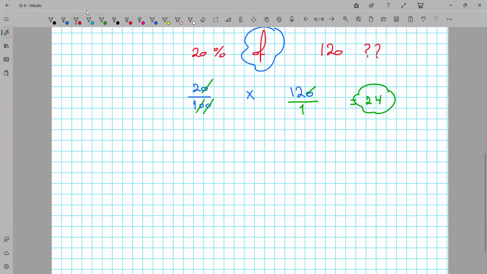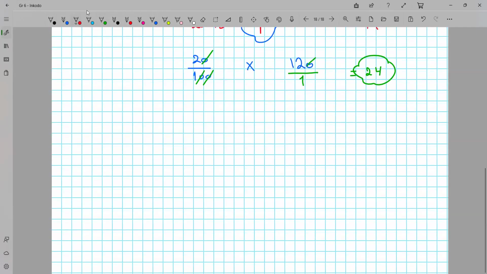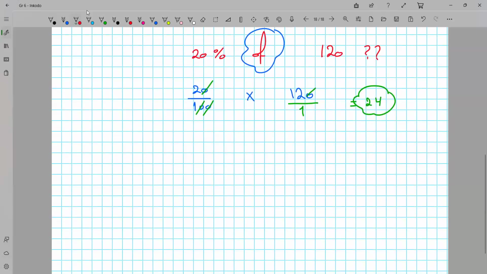And that's it. There is a different question or a different idea asking about getting the whole number or the total. So how to ask this?